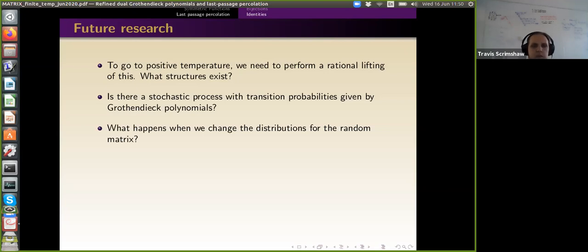And then we had geometric weights in our random matrix, but what happens on the combinatorial side when we change those to some other kind of distribution? In particular, if you change it to the exponential, and then you have continuous TASEP, what does this mean in terms of the combinatorics for the Grothendieck polynomials and their duals and stuff like that? Can we say something about the more combinatorial side?